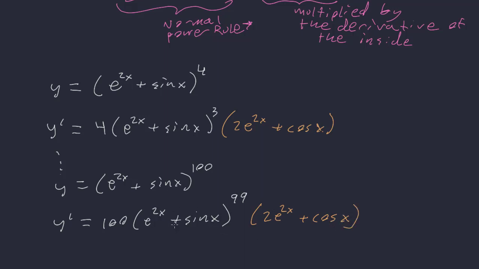Okay, because remember what we're doing is for every piece, we're leaving 99 of them alone and taking the derivative of just one of them. But since it's a repeat, it's the same thing over and over again, we can eventually add them up, and we'll have done this 100 times. So we add them up, and this is what we get.